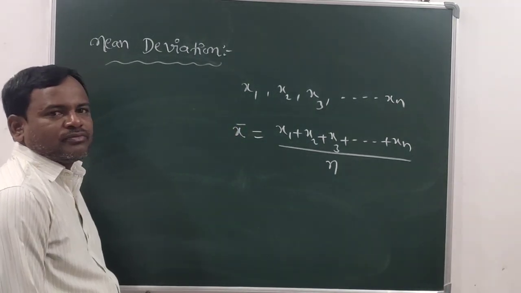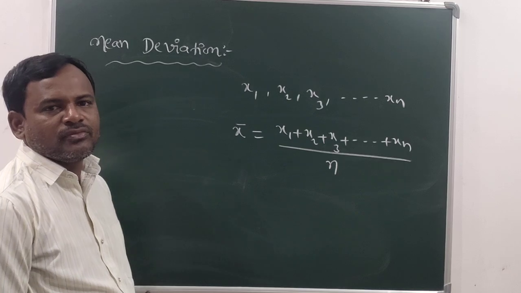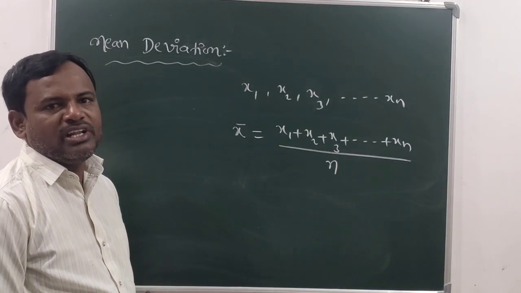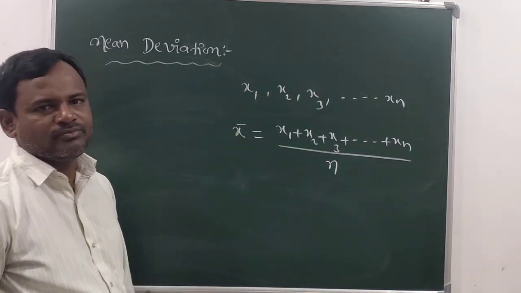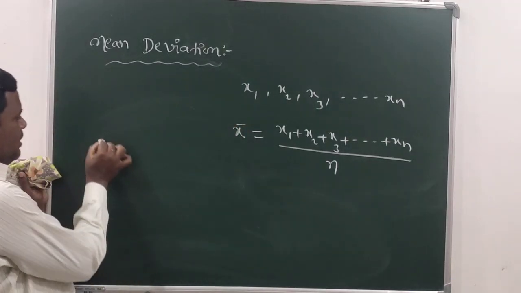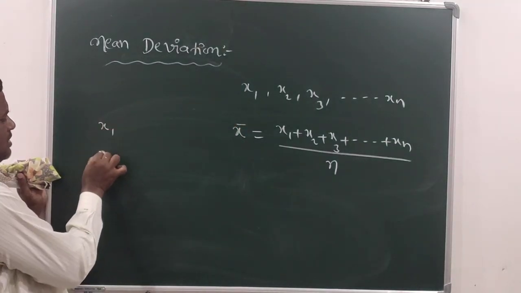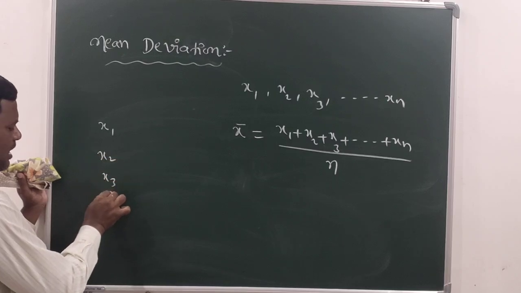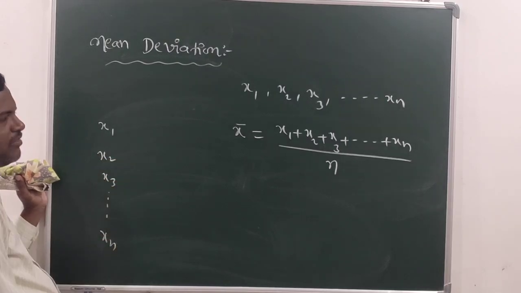Next, prepare the absolute deviations from the mean. Here, write the observations x1, x2, x3 and so on xn. These are the given observations.